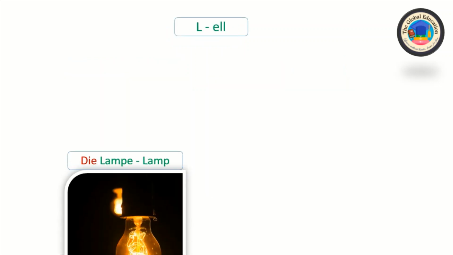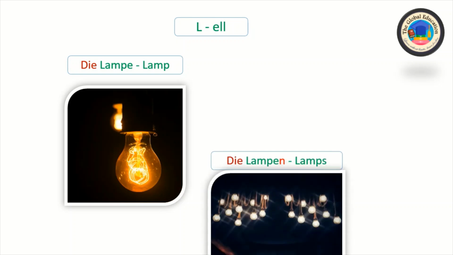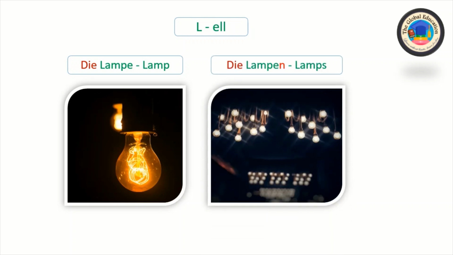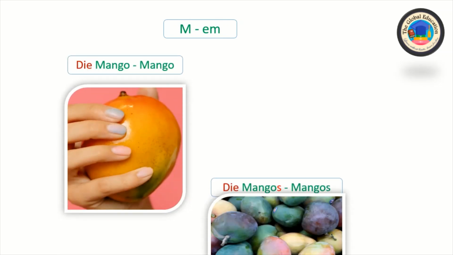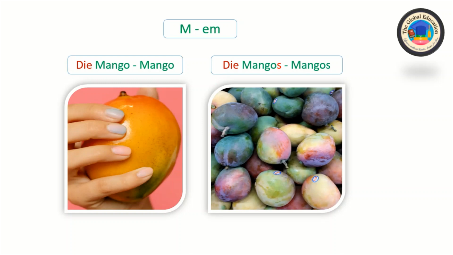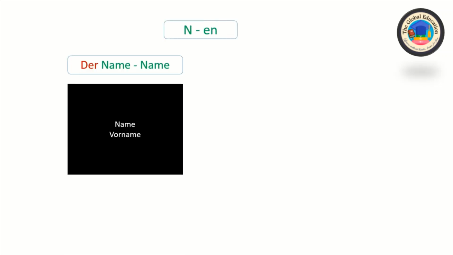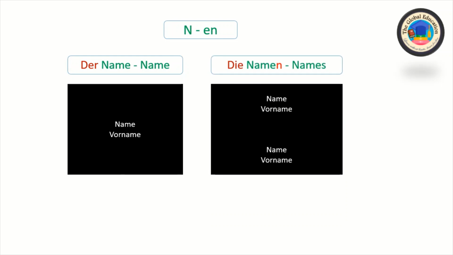L, die Lampe, in plural die Lampen. M, die Mango, the mangoes. N, der Name, in plural die Namen. Nachname means your surname, and Vorname means your first name.